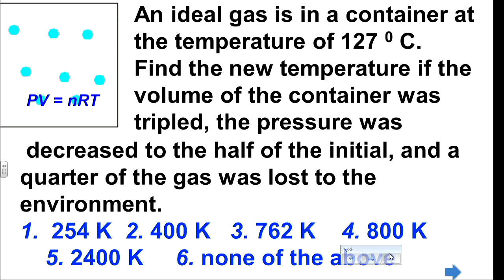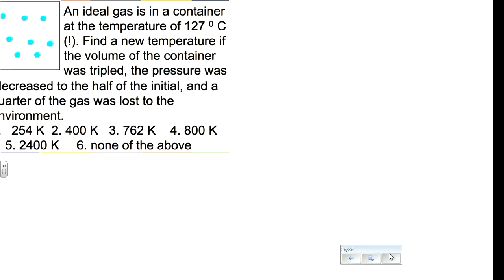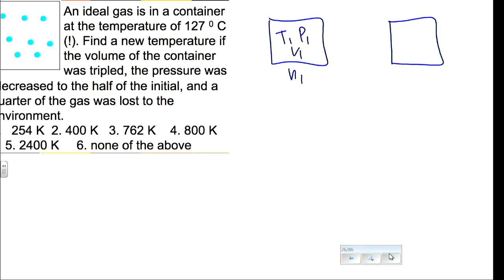An ideal gas starts from a certain temperature, and we change something, we change pressure, and some amount of gas is lost. So what is happening? We start from initial values. We end up with some final values.